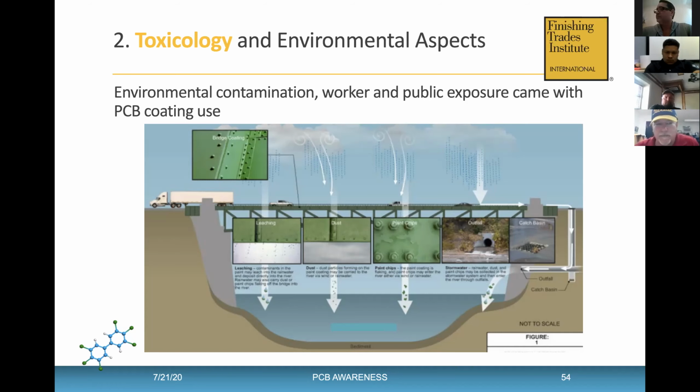Once this stuff gets washed away in water, it can start to get distributed throughout the region through runoff from stormwater, and then it can go down the drains as well. This is one example, through a bridge, but just imagine anything outdoors that's coated with PCB-laden paint. Tanks, superstructure tanks, rail cars. It's endless.